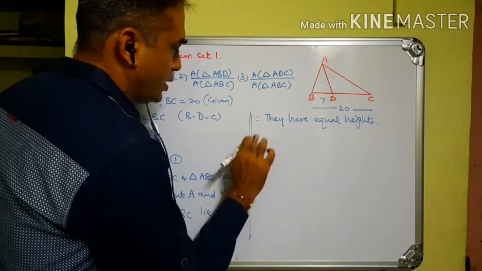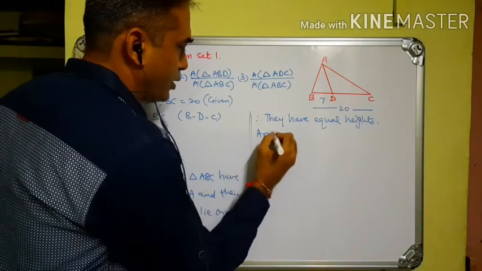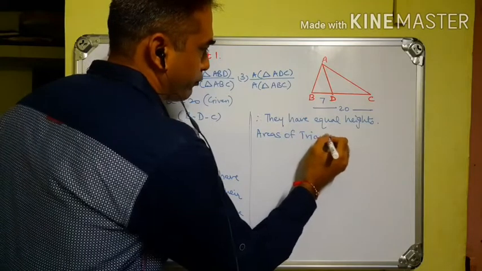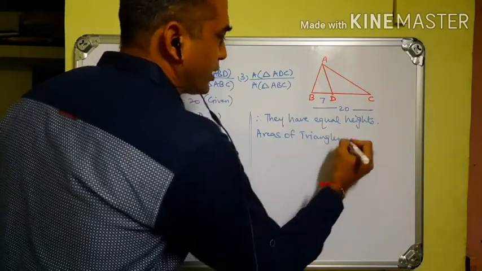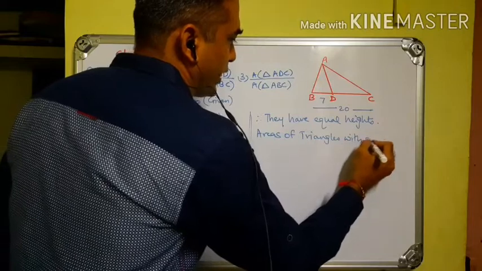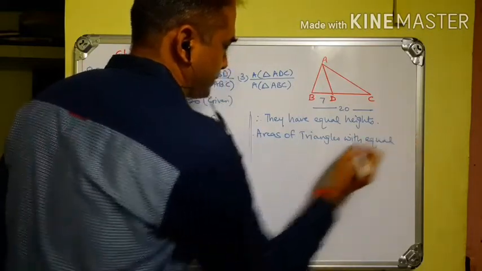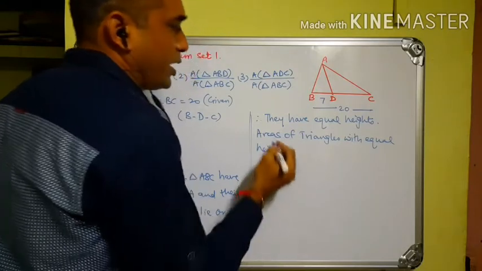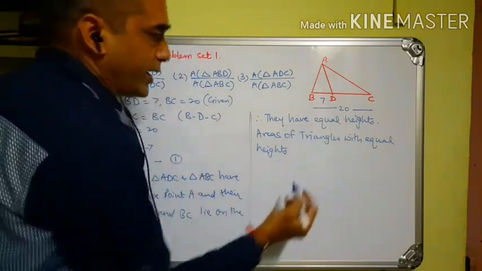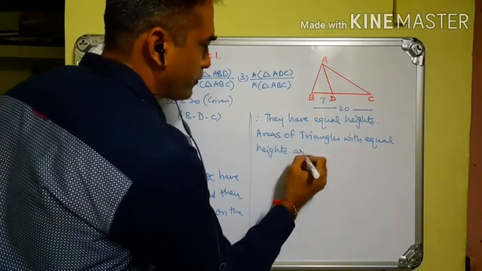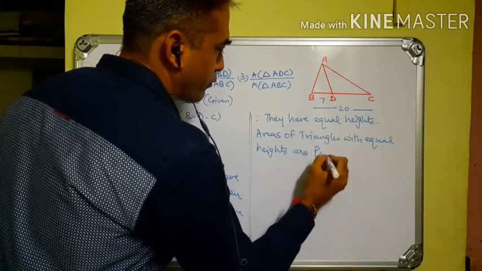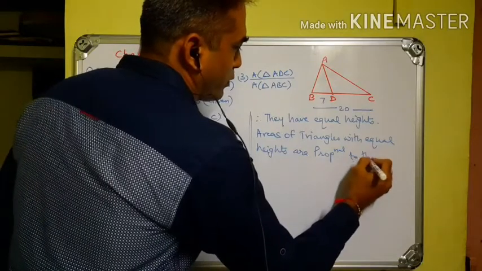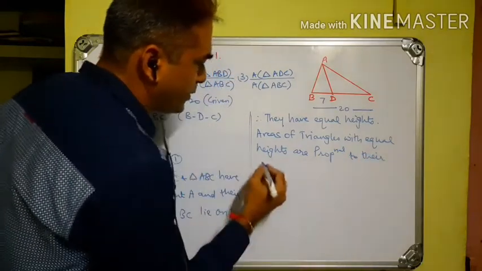So we will write: areas of triangles with equal heights are proportional to their corresponding bases.